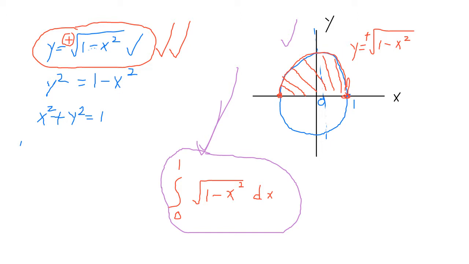We're taking the area of the circle from 0 to 1. That's good. So we're not going to have this area here. We're just going to have the area under the curve in the first quadrant.